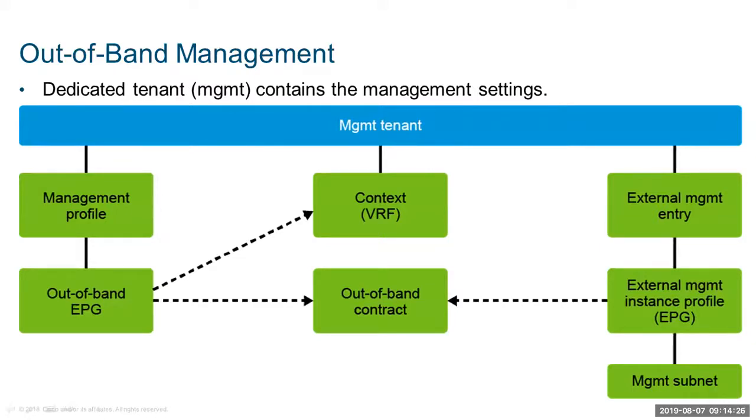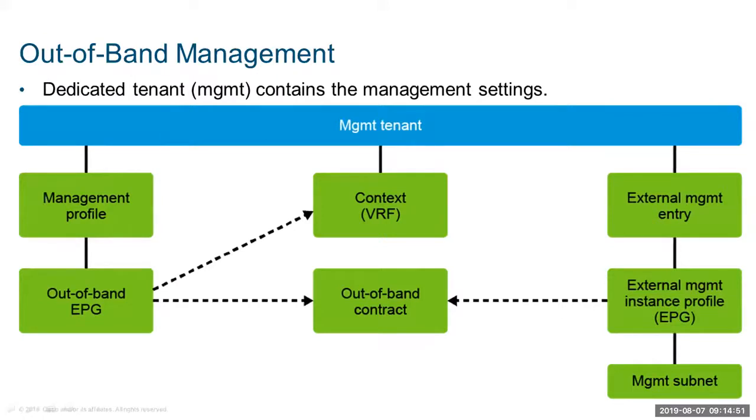And then you have a toggle switch inside the APIC where you can say which one becomes the default management mode. So you can toggle it as, hey, I want to make the out-of-band the default, or I want to make the in-band the default between the APIC server and whatever management device is external to your ACI environment.